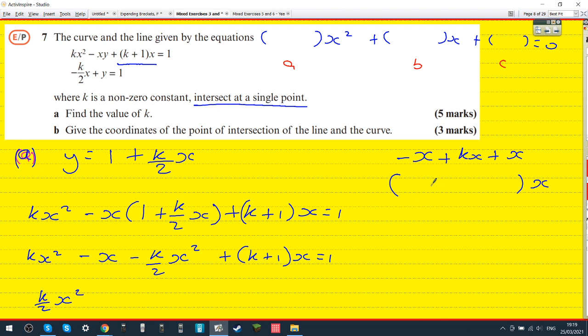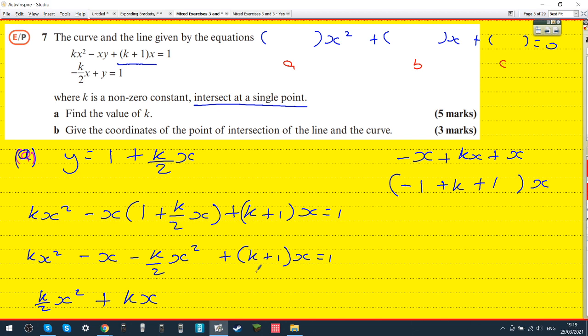Minus 1 plus k, and this one? Which one? The third one? 1 plus 1. Yep. Notice anything? Did the ones cancel out? Yeah. And so you get left with a kx. Well done.